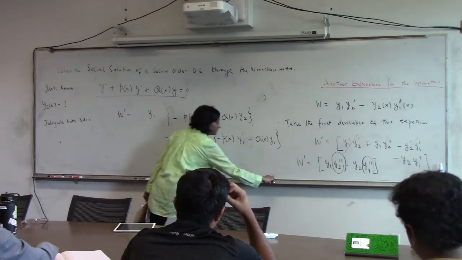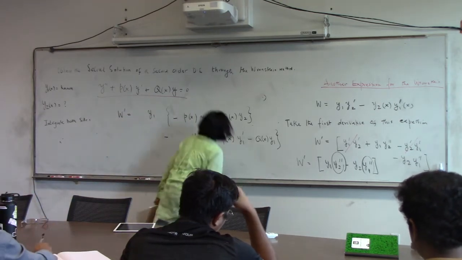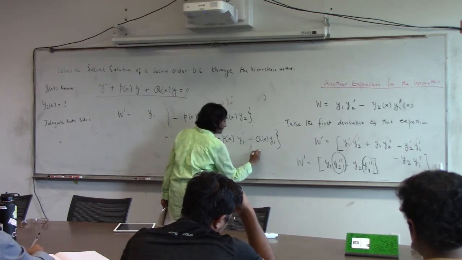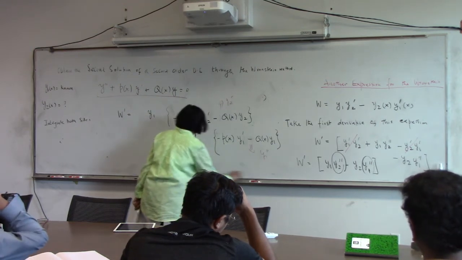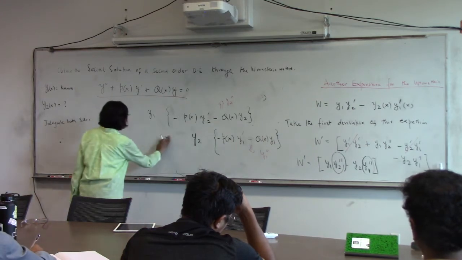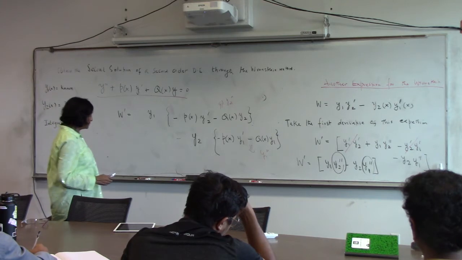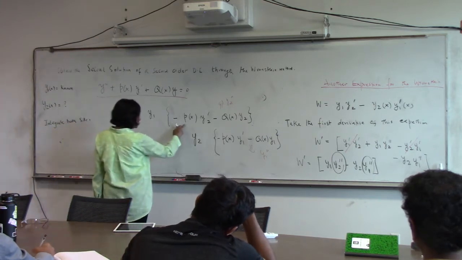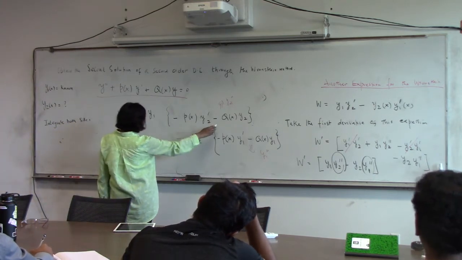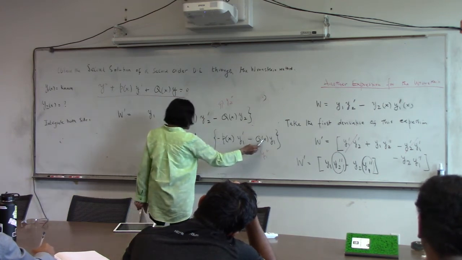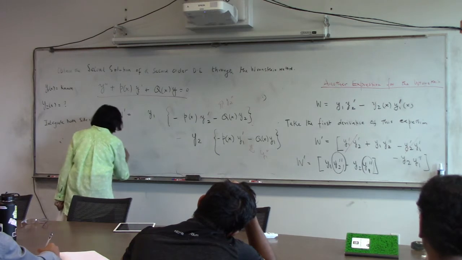That's all I've done. Can we eliminate anything? One term is minus q(x) y1 y2, and the other is plus q(x) y1 y2. So we can eliminate that.